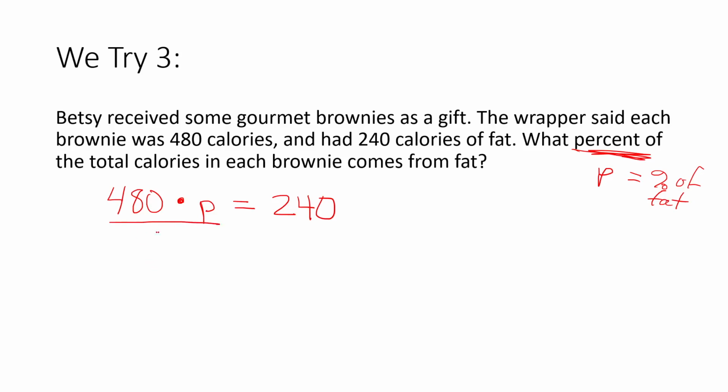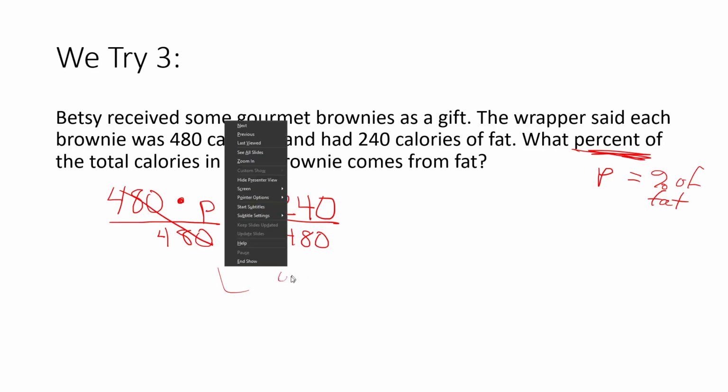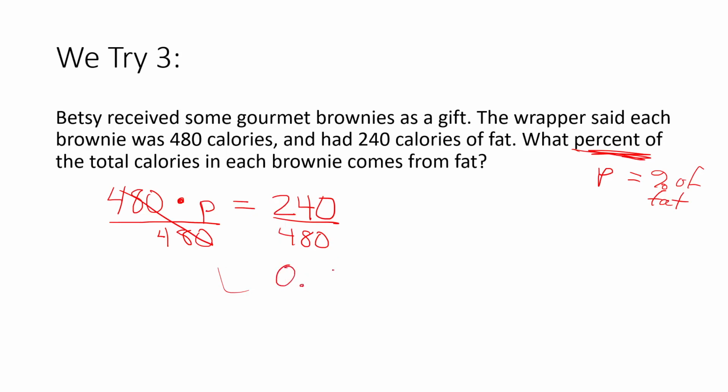Well, I'm going to divide both sides by whatever's attached to my variable. 240 divided by 480 is in fact 0.5. It's 0.5. Well, 0.5 is equal to P.